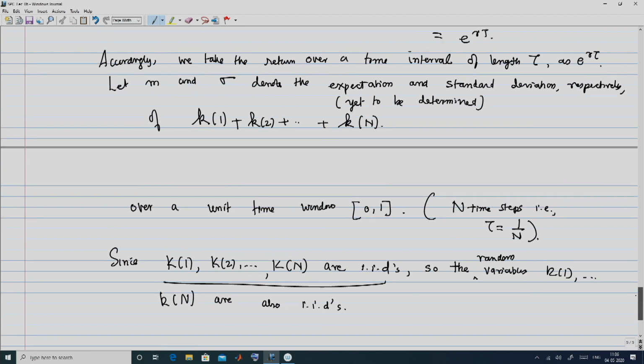Now, let us go back to this. I said that m is the expectation of this random variable.